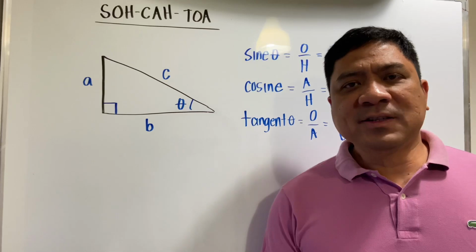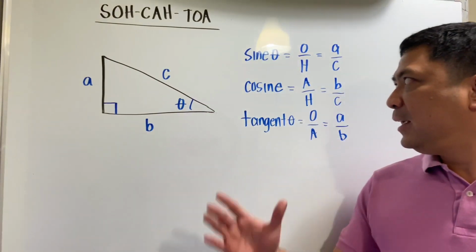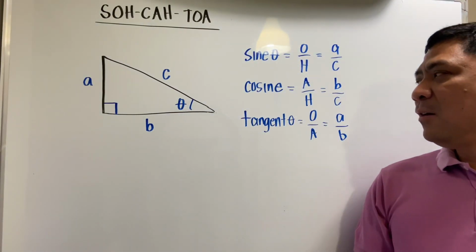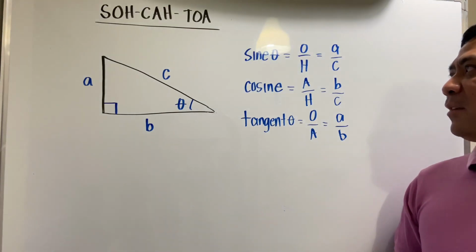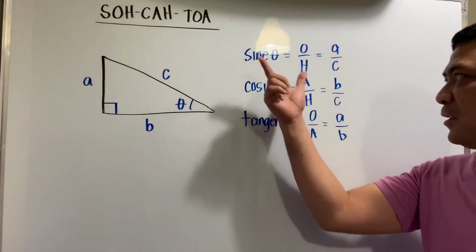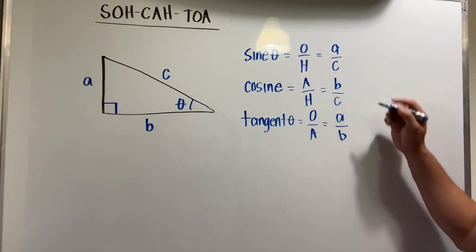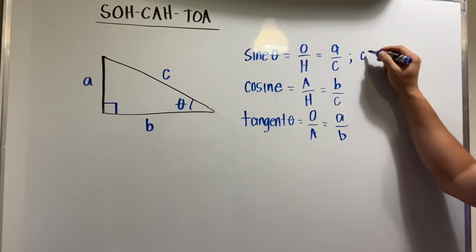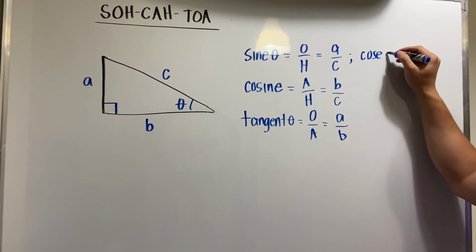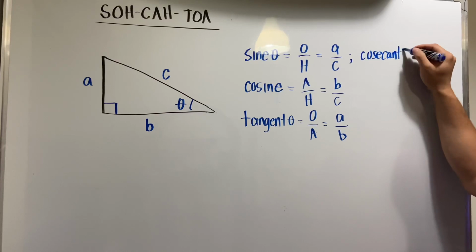Now we have another set of functions which are actually the reciprocals of these three main trigonometric functions. So the reciprocal of sine theta is cosecant theta.